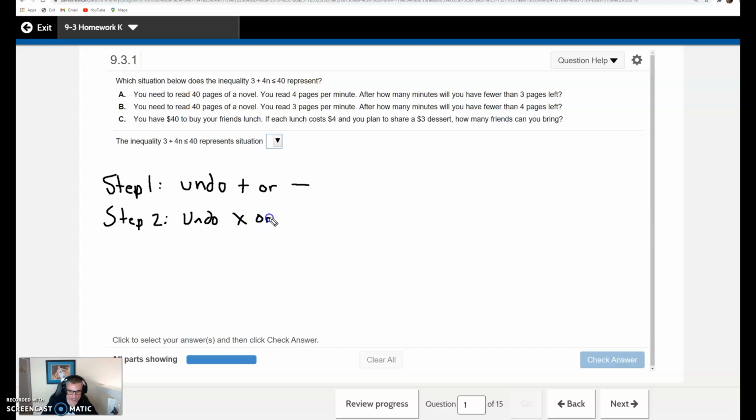So this remains the same. And then we have our curveball, which I'm going to write down as well. If you multiply or divide by a negative number, flip the symbol.